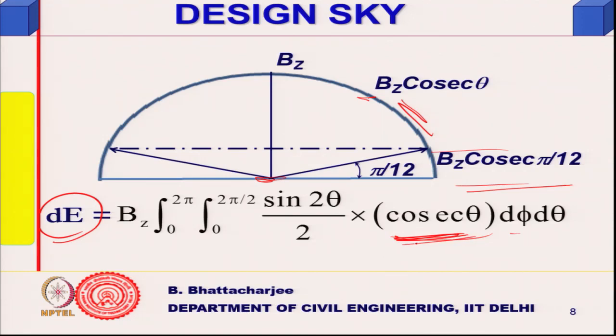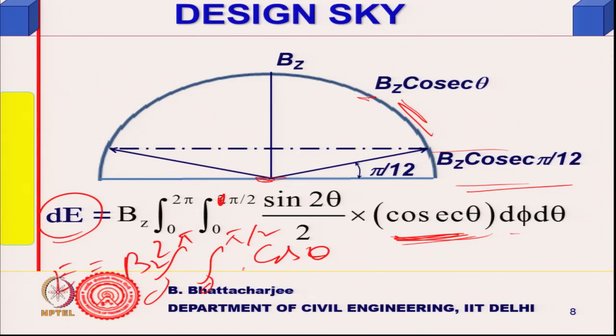So, if it is cosec theta, simply this will be cos theta, integral 0 to pi by 2 and 0 to 2 pi, and value of Bz. So, E at the unobstructed flat surface will be given by integrating d phi d theta, which will be basically Bz 2 pi and cos theta.